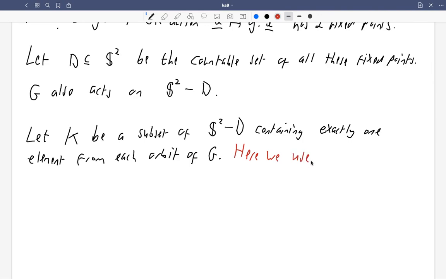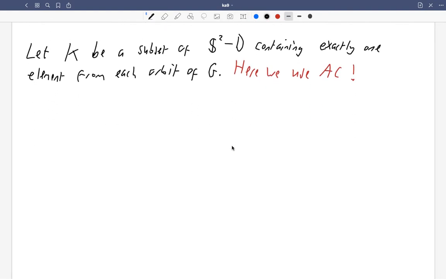We use AC. Okay, and now, given this nice set K that we've chosen, we can show a lemma that the set S2 minus D is G paradoxical.